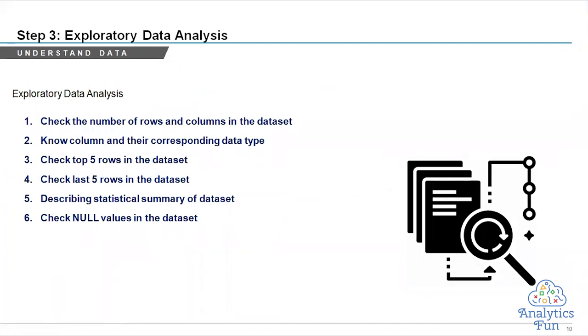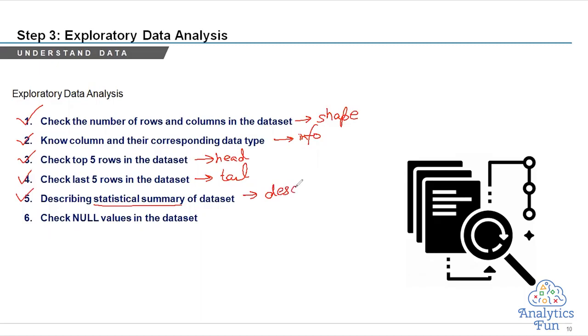So in this particular video, we have covered these things in our analysis in Python. We have checked the number of rows and the number of columns in the dataset with the help of the shape function. We got to know about the columns and their corresponding data types through the info function. We have checked the top 5 rows in the dataset through the head function, and the last 5 rows through the tail function. And we have checked the statistical summary of my dataset, which was very important, using describe.